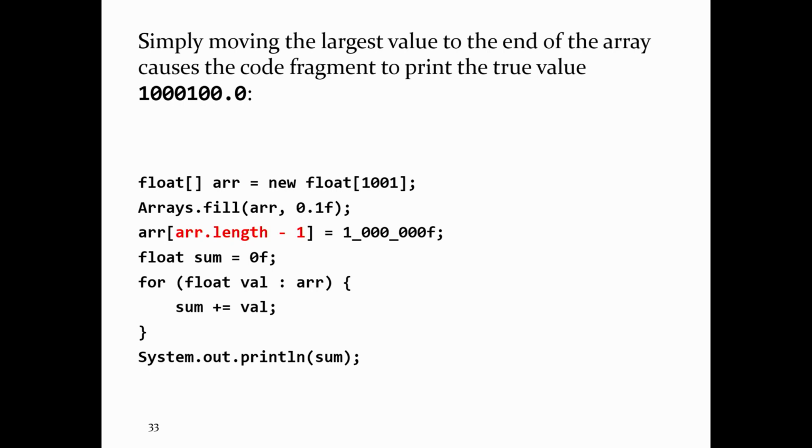They have the same magnitude, so the sum is probably very close to 0.2. 0.2 plus 0.1, they have the same magnitude, so when you add them, it's probably very close to 0.3, and so on. Now you're summing the values, and the values have been sorted by their magnitude. It's not till the end, when you take the 100 and add that to the 1 million, that you run into any significant round-off error.